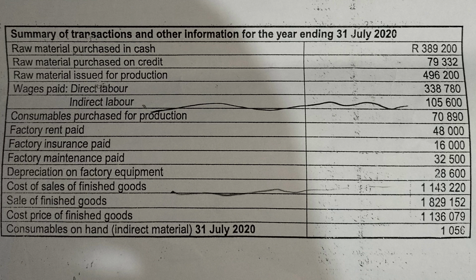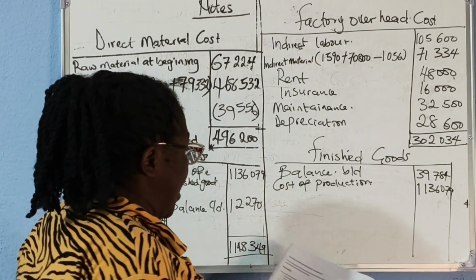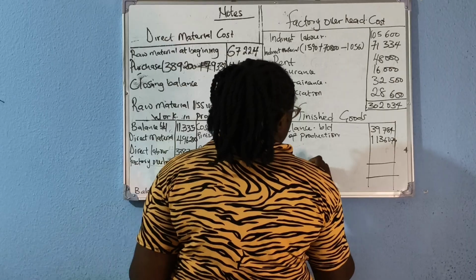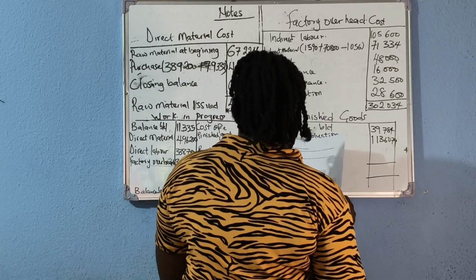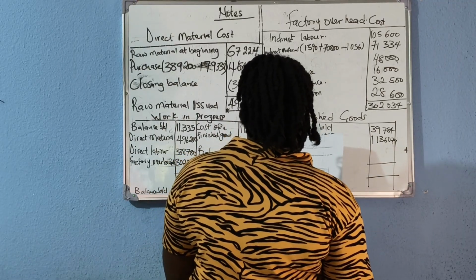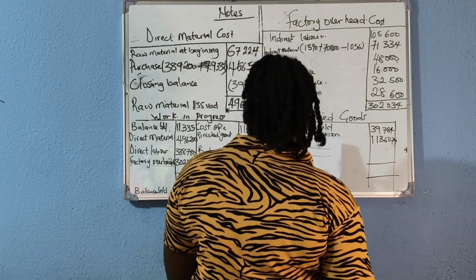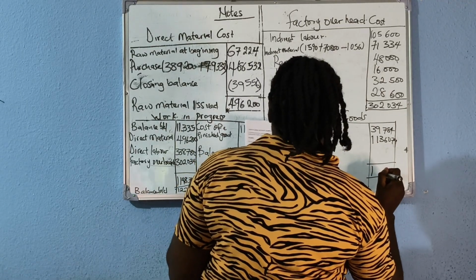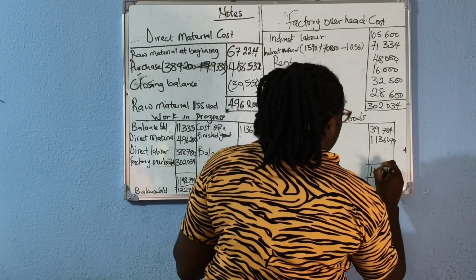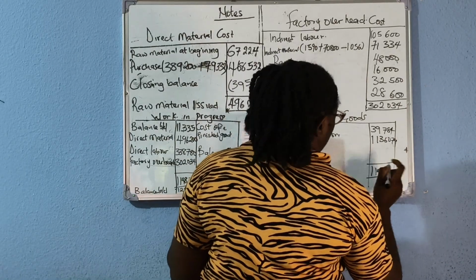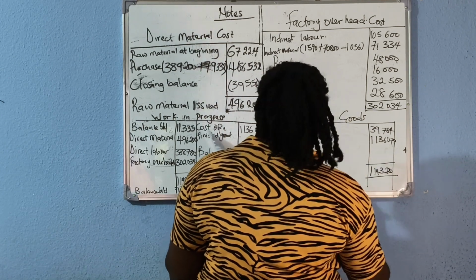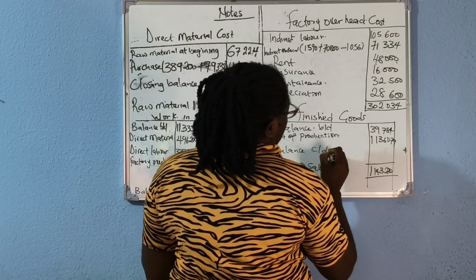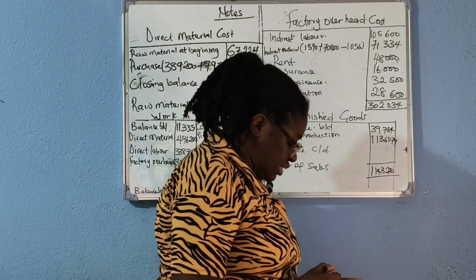And then obviously we have been given our cost of sales, which is the reason for drawing our finished goods notes. Our cost of sales stands at 1,143,220. So we can get our balance carried down.